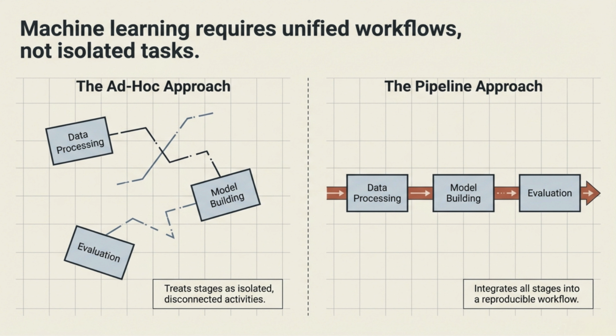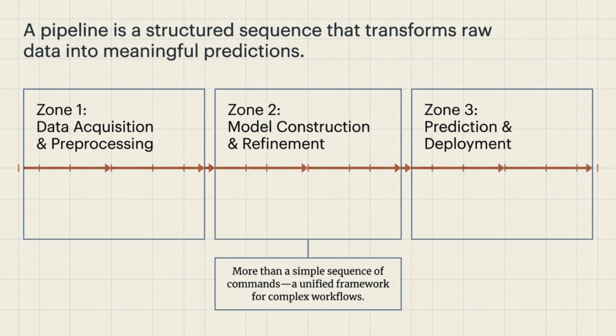In contrast, a pipeline ensures smooth flow from data processing to evaluation. Such integration enables reproducibility, scalability, and reliable model performance. A machine learning pipeline is a structured workflow that transforms raw data into actionable predictions.